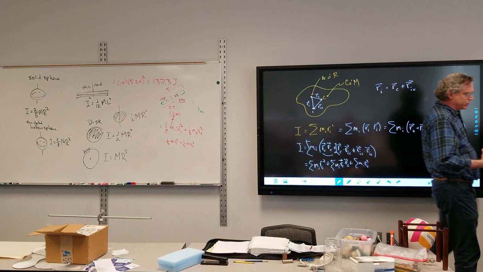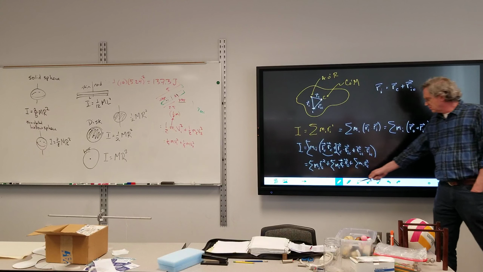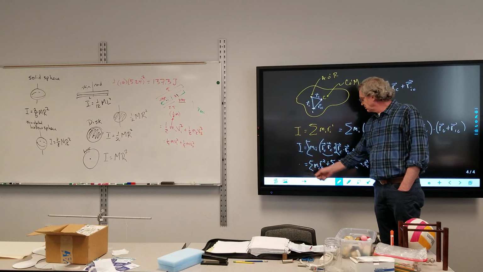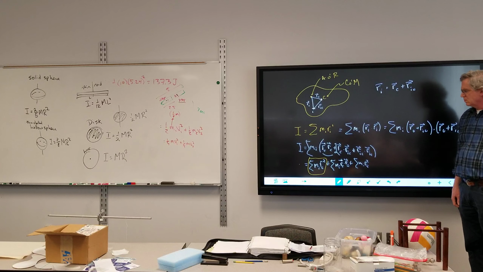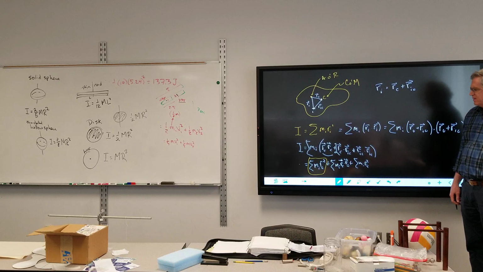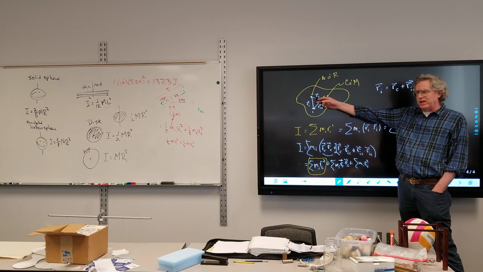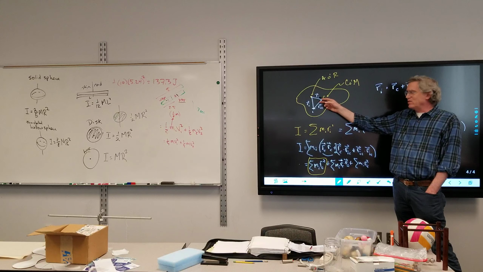Take a look at that first term. Well, R sub c, I have an axis rotation, I have a center of mass, R sub c is a constant.